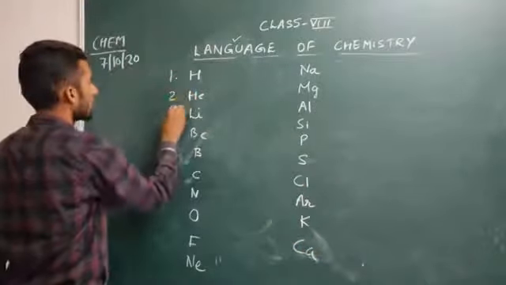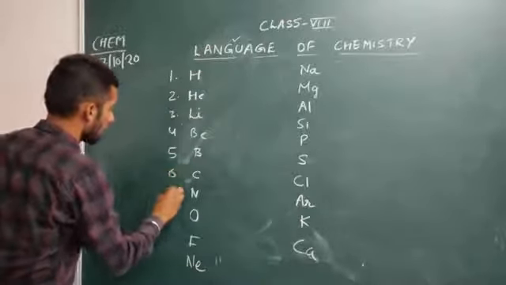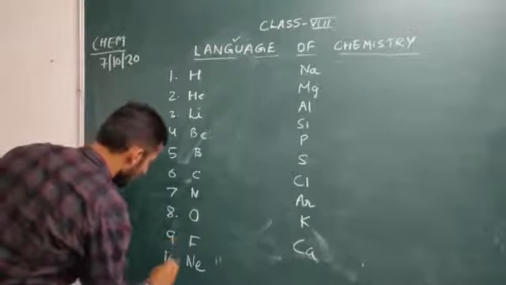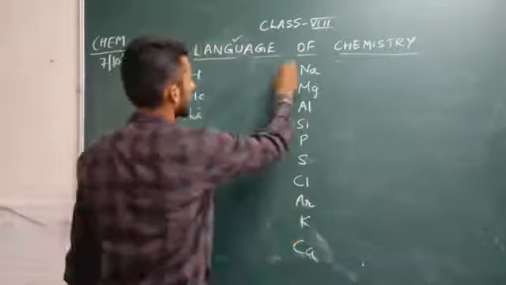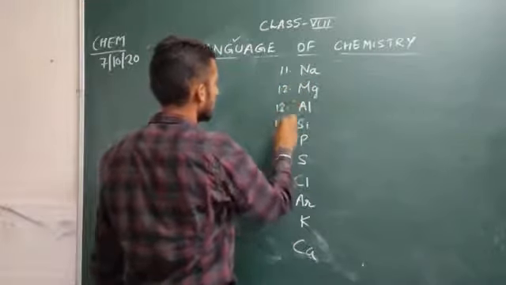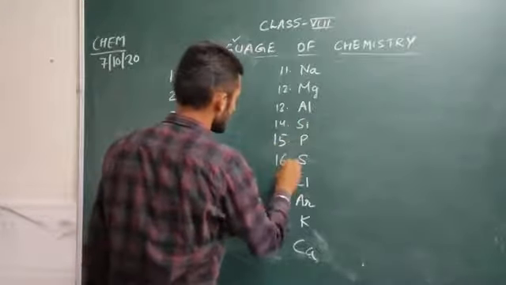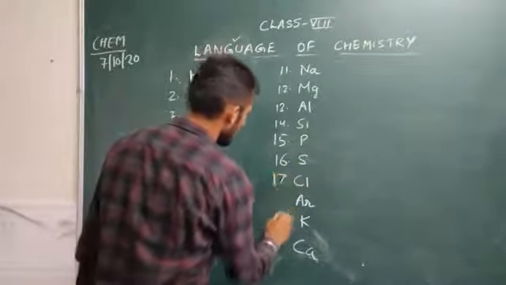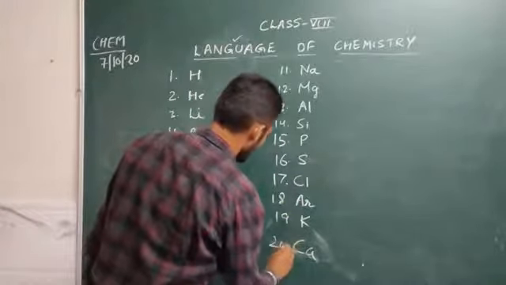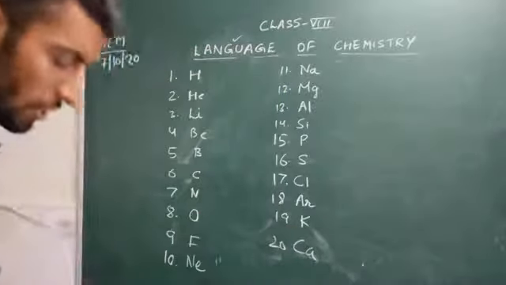First, second, third, fourth, fifth one is boron, sixth carbon, seventh nitrogen, eighth oxygen, ninth fluorine, 10th neon, 11th sodium, 12th magnesium, 13th aluminium, 14th silicon, 15th phosphorus, 16th sulfur, 17th chlorine, 18th argon, 19th potassium, and 20th calcium.